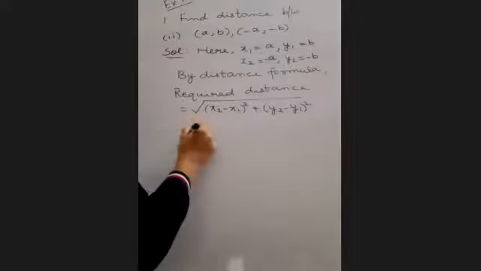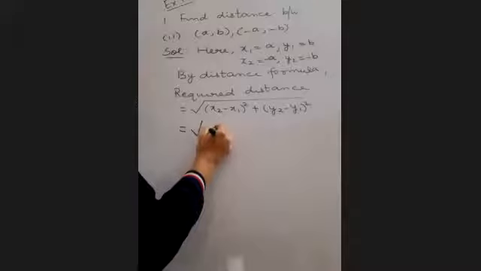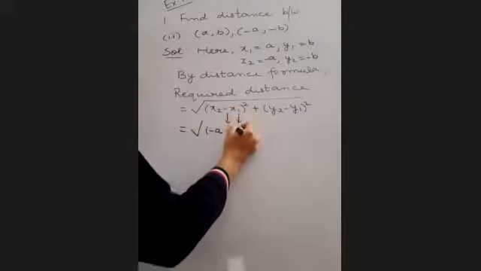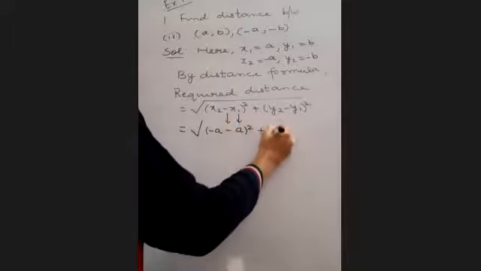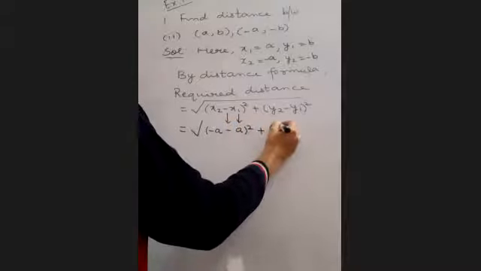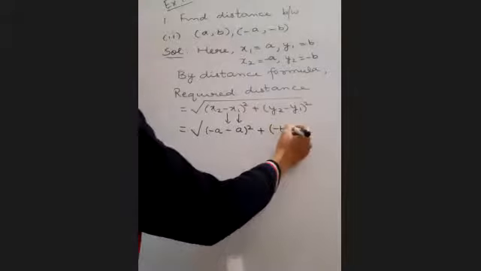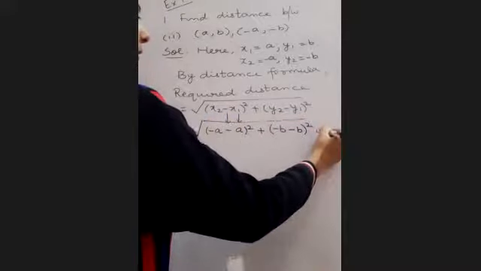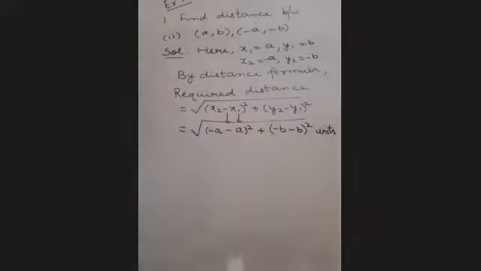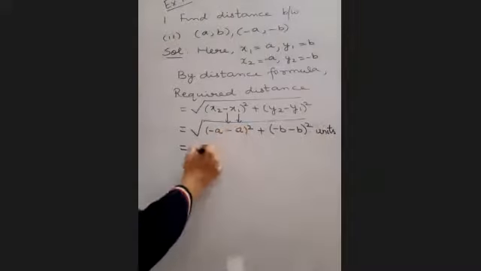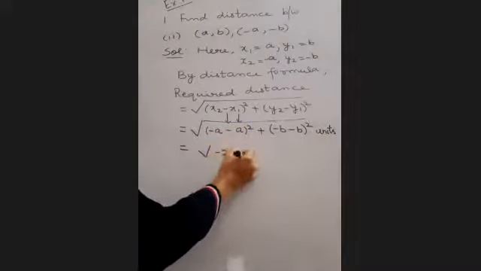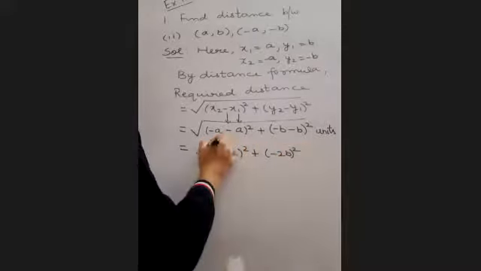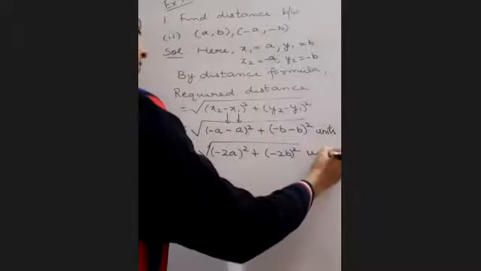Let us see what we get. x2 is minus A, beta. Minus of the formula, and x1 is A. So minus A square. Likewise, y2 is minus B, so minus B square. And the moment you are putting values, you have to write units there. Now minus A and minus A becomes minus 2A square plus minus 2B square, units.